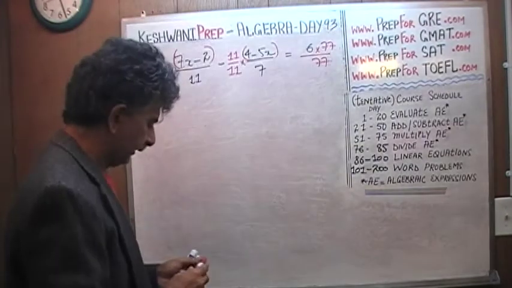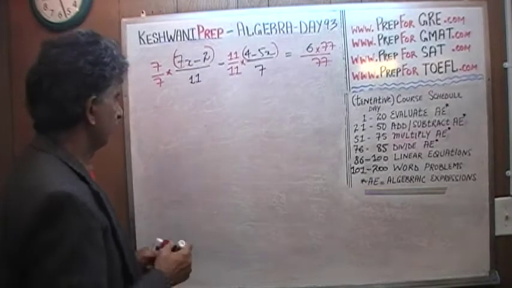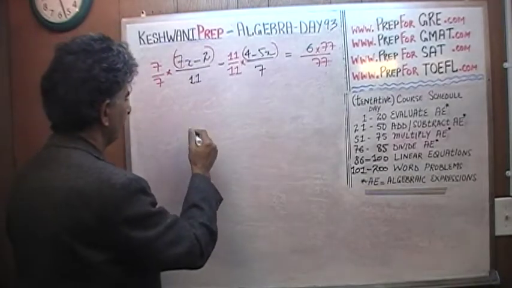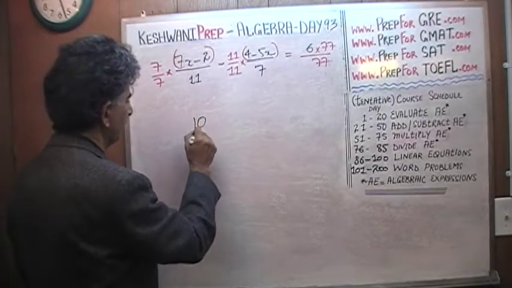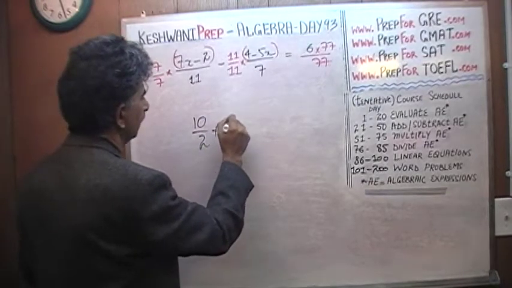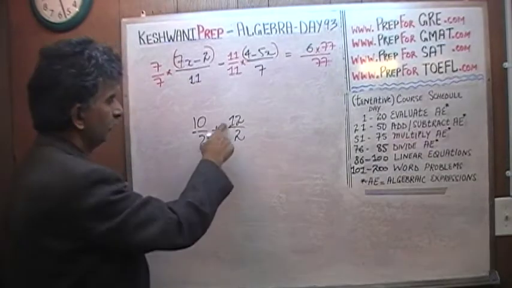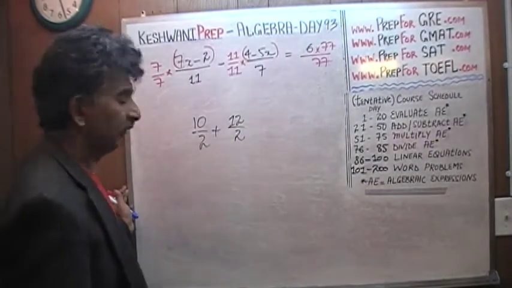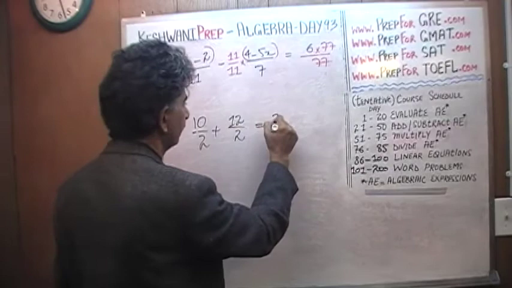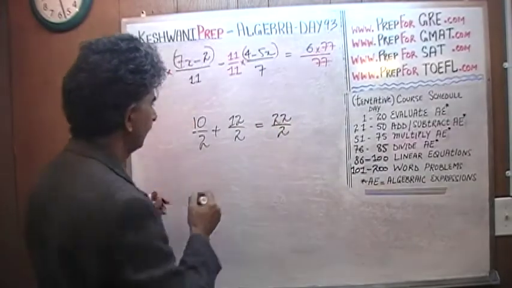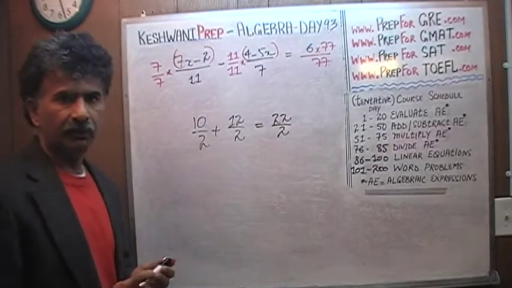We don't need it. For example, if someone says 10 divided by 2 plus 12 divided by 2, 10 divided by 2 is 5, 12 divided by 2 is 6, 5 plus 6 is 11, which is same as 22 divided by 2. Here's the equation. It's a valid equation, nobody's going to argue about it.